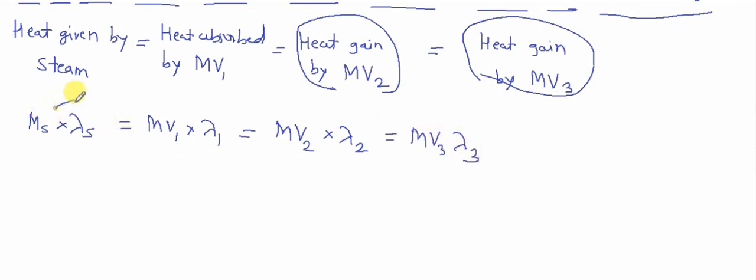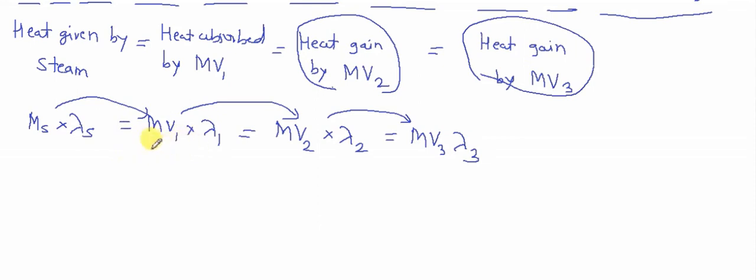So the steam gives energy, whatever heat is absorbed is given to the second effect, then it is given to the third effect. Like this we have equal signs. This equality we have to use in the calculation of mass flow rate. How we are going to use it, please concentrate here.